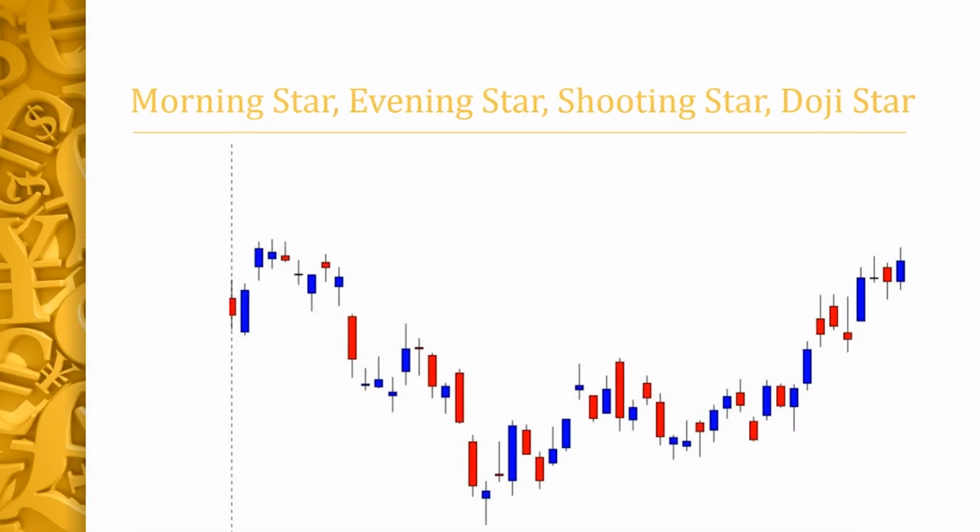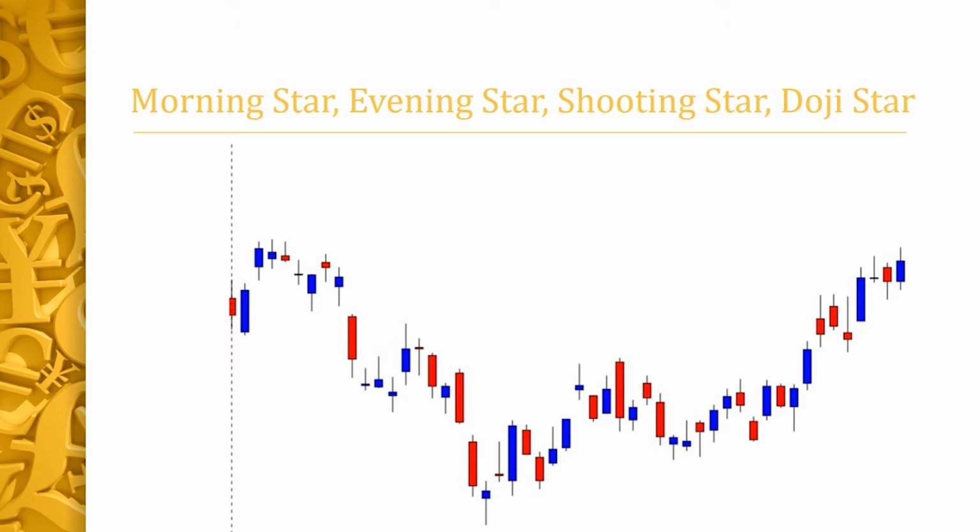Yes, so what are those stars we've been talking about? It's a group of reversal patterns also, and they are called stars because they have a really small body. The star patterns are coming from the stock market, and they used to have gaps, but because we're using them in forex trading, we have to tweak them.